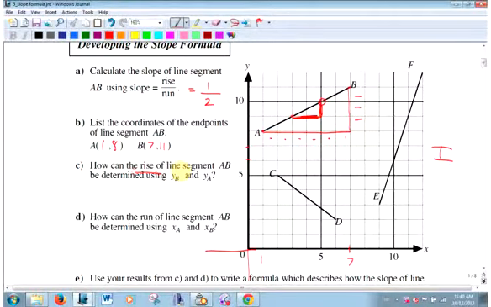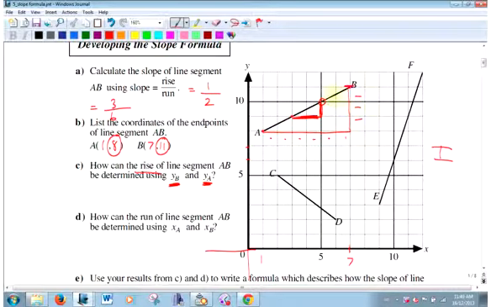Knowing what rise is, how can we determine the rise of the line segment using the points of YB, that's 11, and YA, that's 8? How can we do that? Let's write that the way I also said it there, 3 over 6.